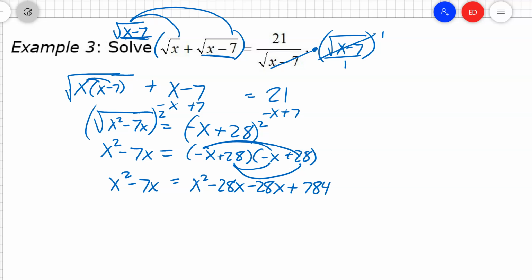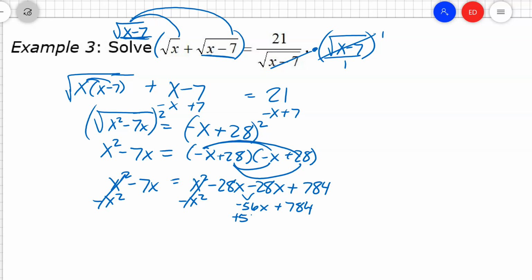Okay, I'm seeing some x squareds. I'm seeing things on both sides. We need to figure out if we're going to need to factor this. I think this time I'm going to start with my x squared because look, they cancel out. So if I know they cancel out, let's just get all the x's on one side and all the constants on the other. If I add these together, that would give me negative 56x.